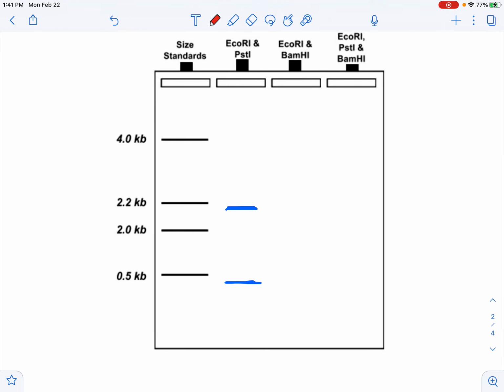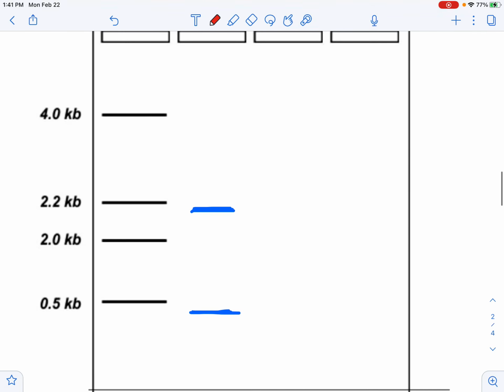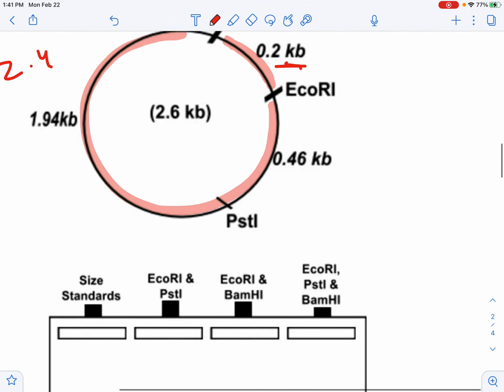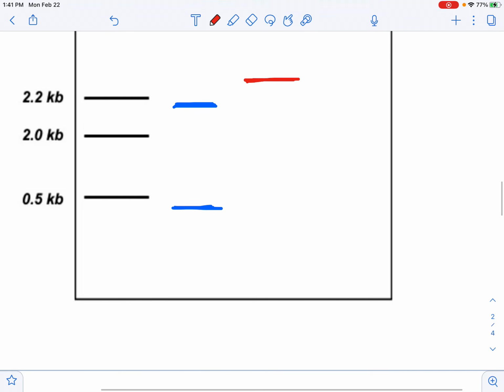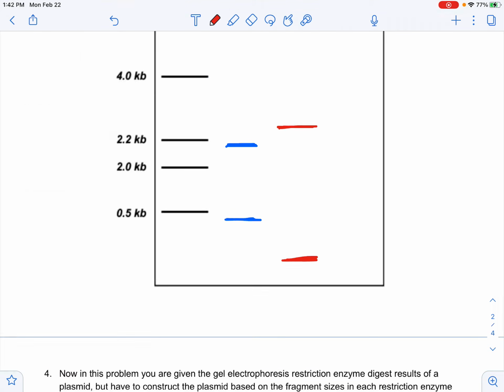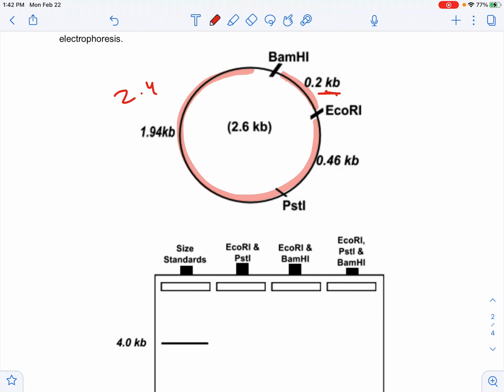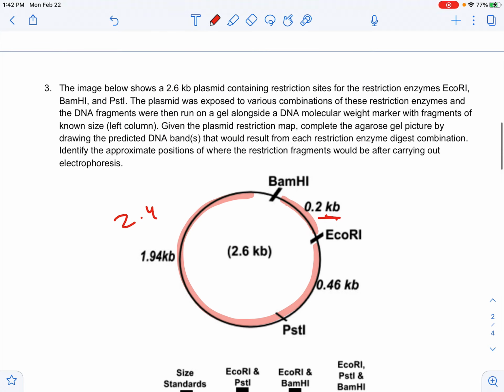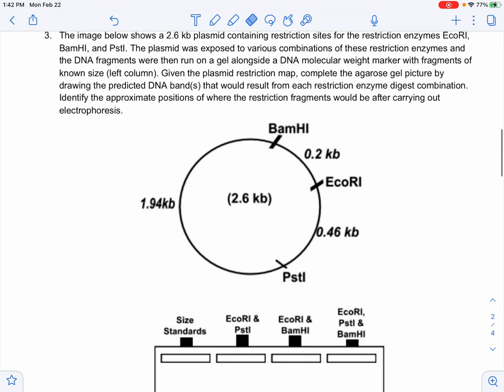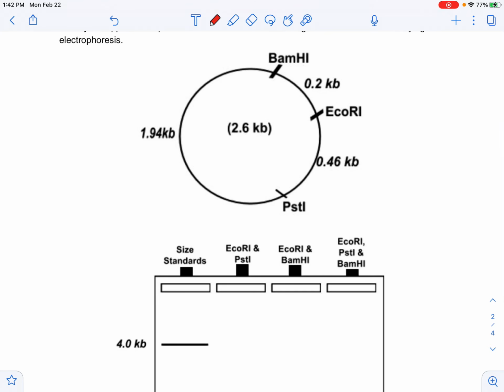Okay, 2.4 would be maybe here. And a 0.2 would go pretty far in here. Right about there. Okay. Next would be, what if we use all three of them?